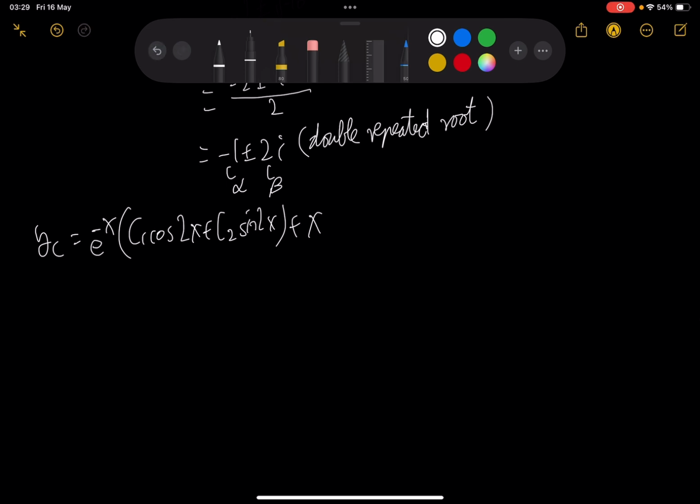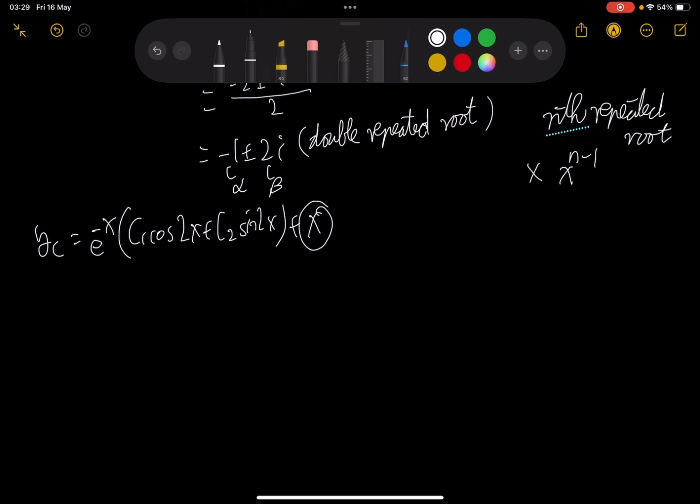For the nth repeat roots, we multiply by x power of n minus 1. Because this is a double repeat root, we multiply by x power of 2 minus 1, which is x power of 1.